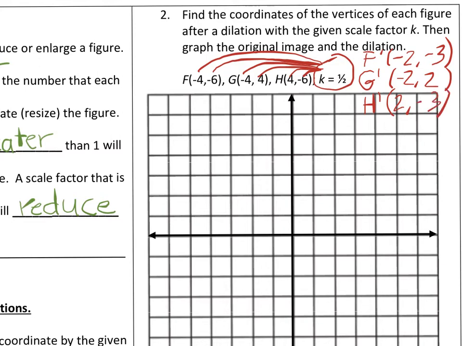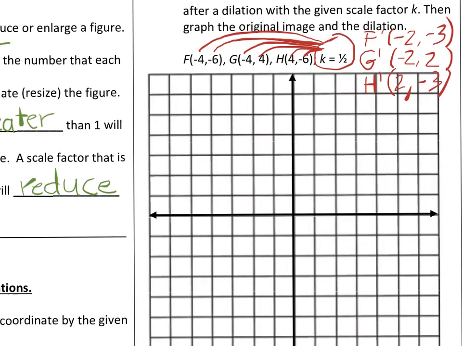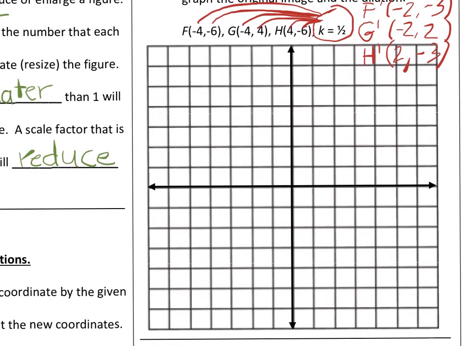If I go back to my directions, I'm supposed to graph the original image and the dilation here on my coordinate plane. So let's do that now. If I graph my original image, F is -4, left 4, down 6, right there.